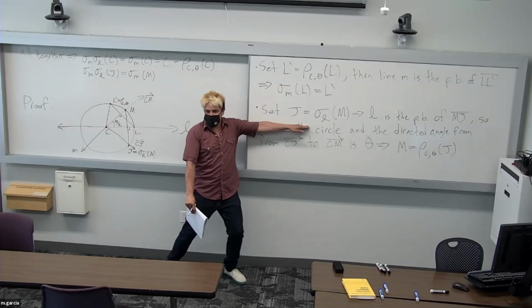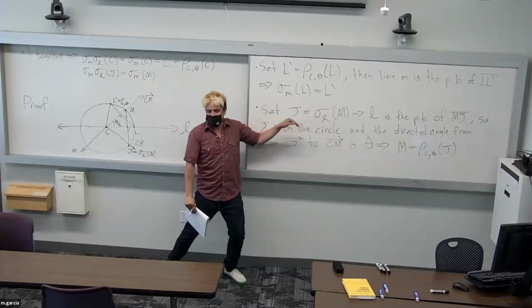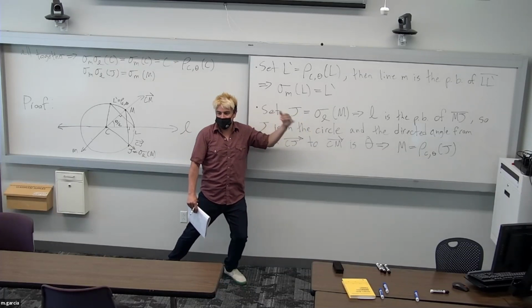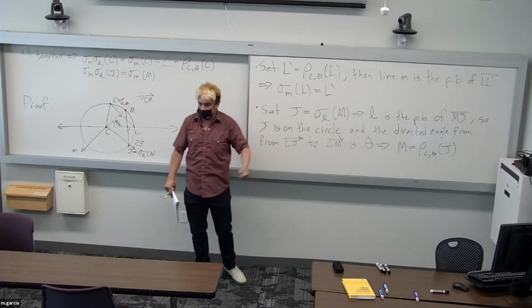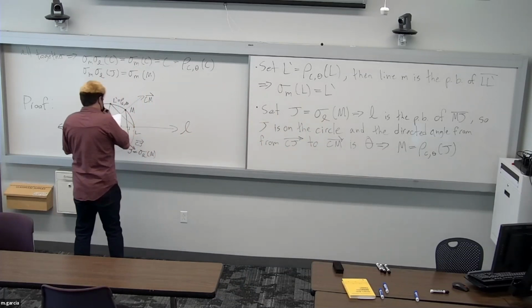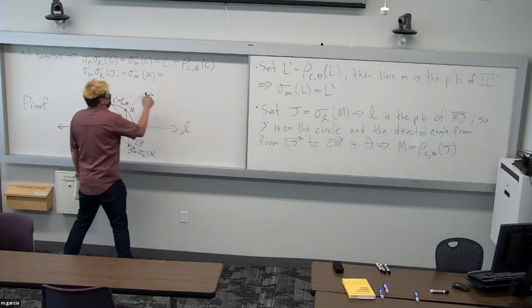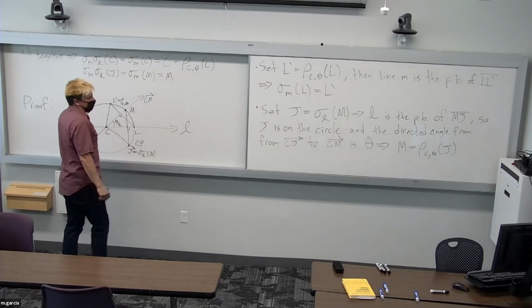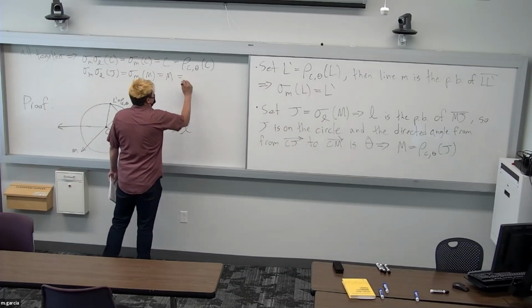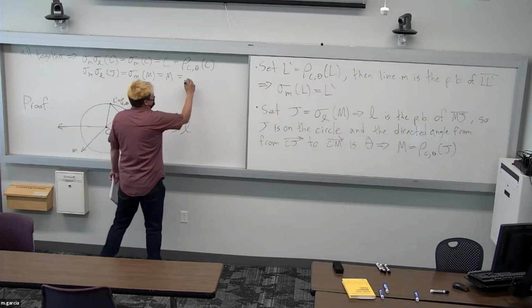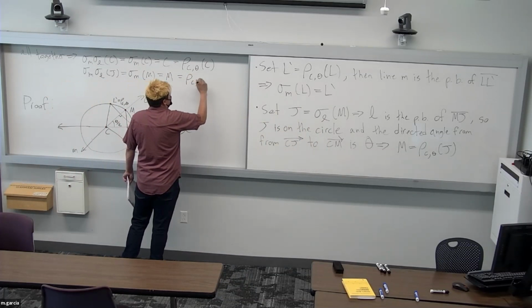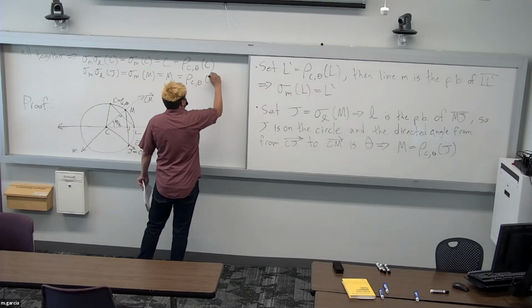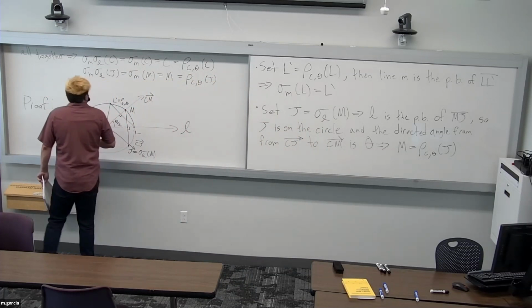I set J equal to sigma L of M. And since sigma L is an involution, I take sigma L of both sides of this, and I get sigma L of J is equal to M. Now, of course, M is on the line, little m, so that's fixed, right? And our last deduction was that M is also the image under rotation centered at C through angle measure theta of J. Okay?